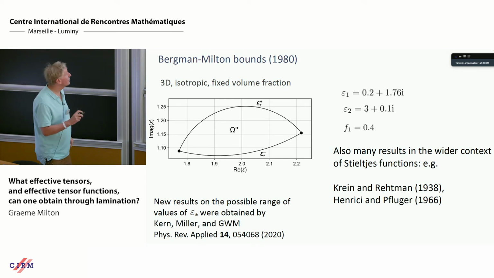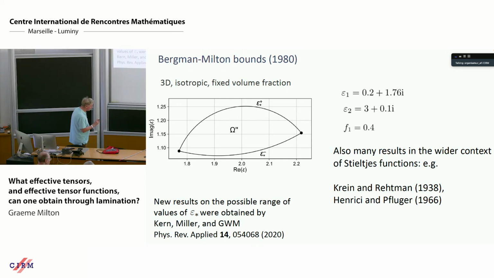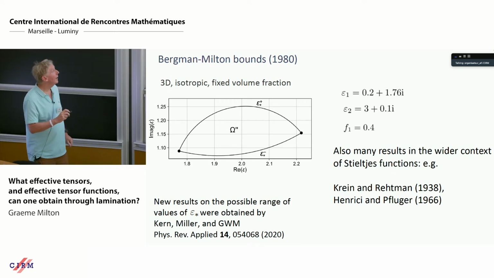And so now you have the real and imaginary parts of the dielectric constant, and you have this lens-shaped region within which the effective dielectric constant lies. And this upper curve here just corresponds to an analytic function with a simple pole. And so the question is can you find laminates that trace this boundary as the geometry varies?